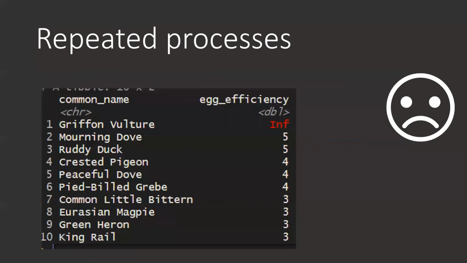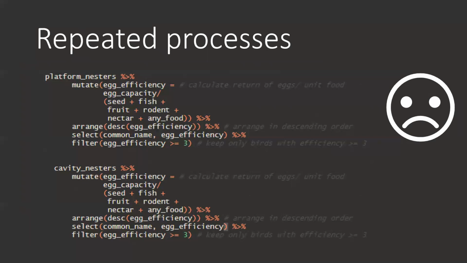And this code chunk makes a summary table where we've calculated the efficiency of eggs returned per bird in the game relative to the number of food items you need to pay to put the bird on the board. But I really don't see any reason why we should be doing the same thing twice.